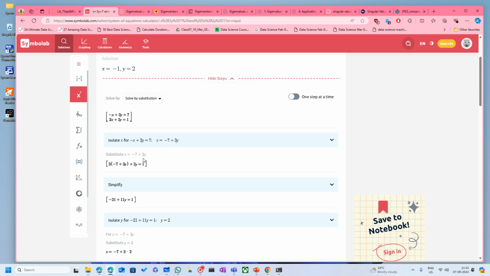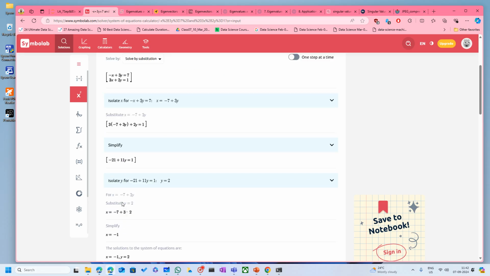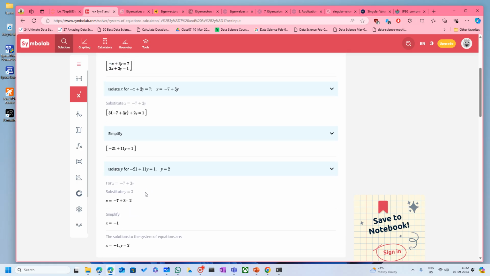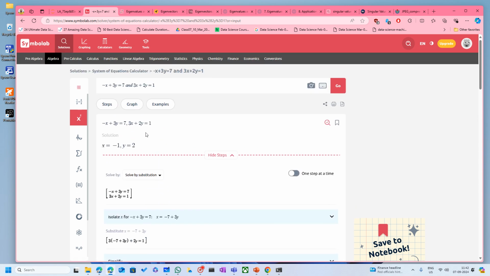Then you substitute this value in the second equation, so you have only y values, and you get the y value. Then you substitute this y value in the original equation, and you get the x value.